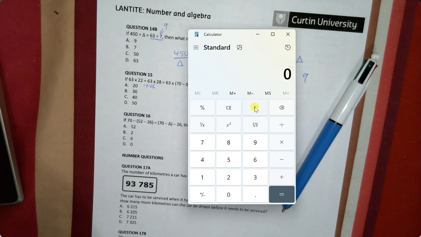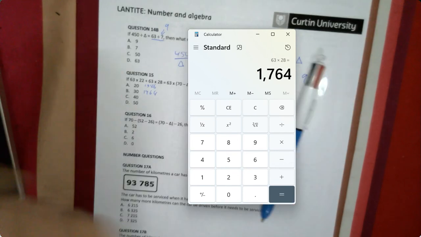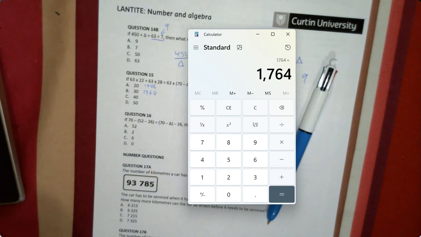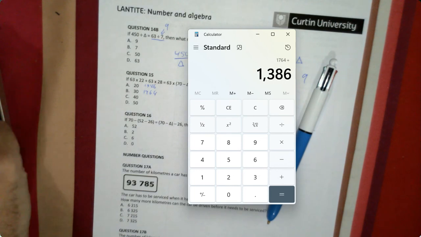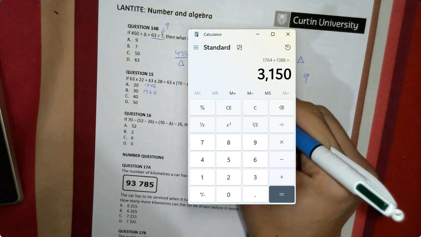And then 63 times 28. 1764. Yeah, I didn't think it did. And then you add them up. Plus 1386. So I know that the left hand side equals 3150.